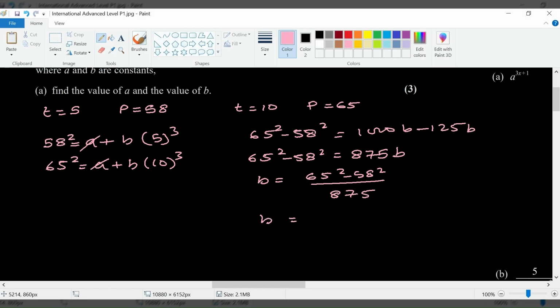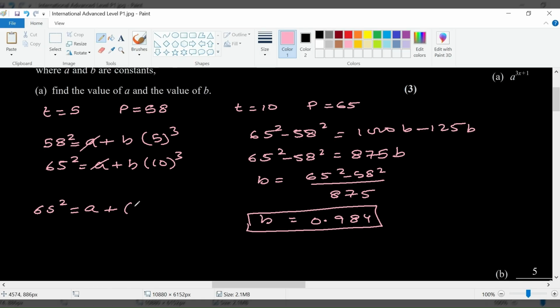B is going to be equal to 0.984. Once we have the value of B, we can simply find out the value of A. Since I have the second equation, I will write 65 squared equals A plus B. The B value is 0.984 times 1000.